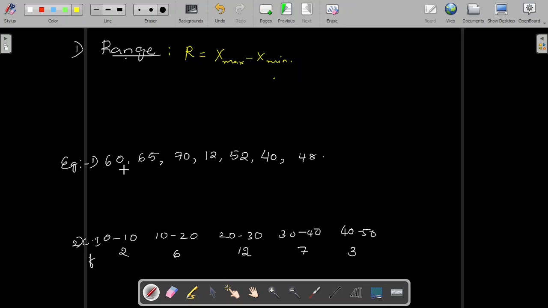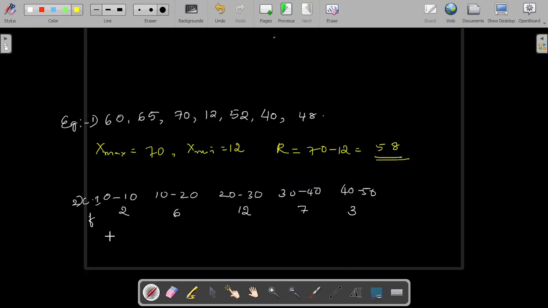See, for example, here is the given data set. Here x maximum equals 70 and minimum, the smallest value, equals 12. Therefore range equals 70 minus 12, which gives you 58. Similarly, in the second example, it is continuous data with frequency given. This is grouped data.